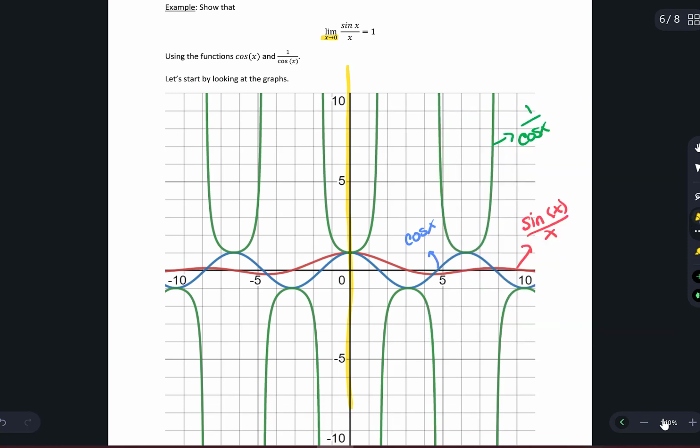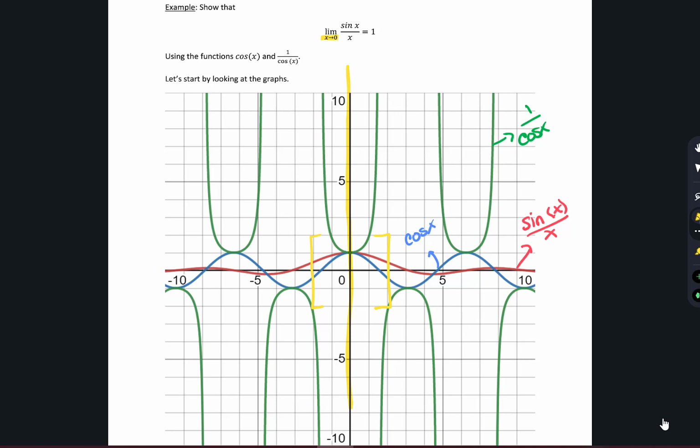If I only look at, let's say, this interval here to here, notice that inside of that yellow box, we have that the cosine of x is always less than sine of x over x, and 1 over the cosine of x is always greater than sine of x over x.